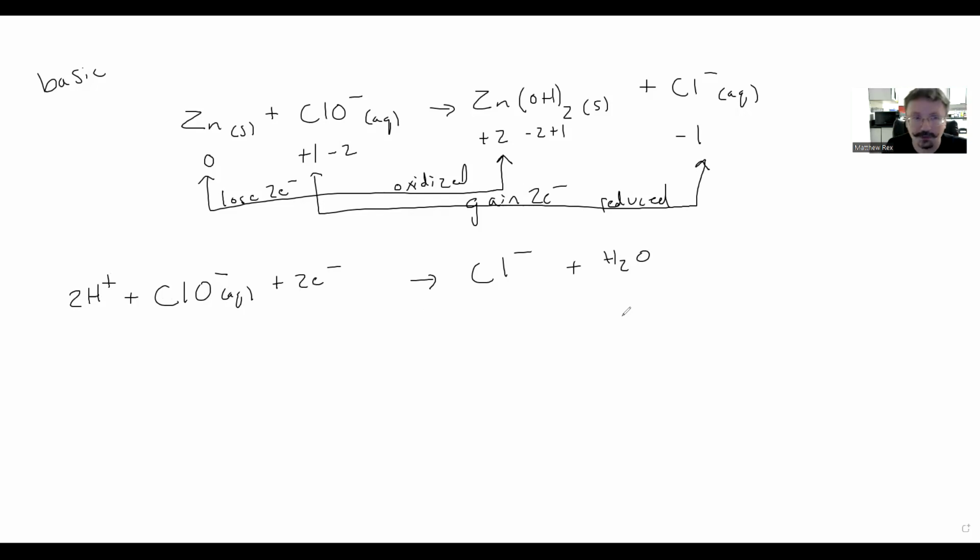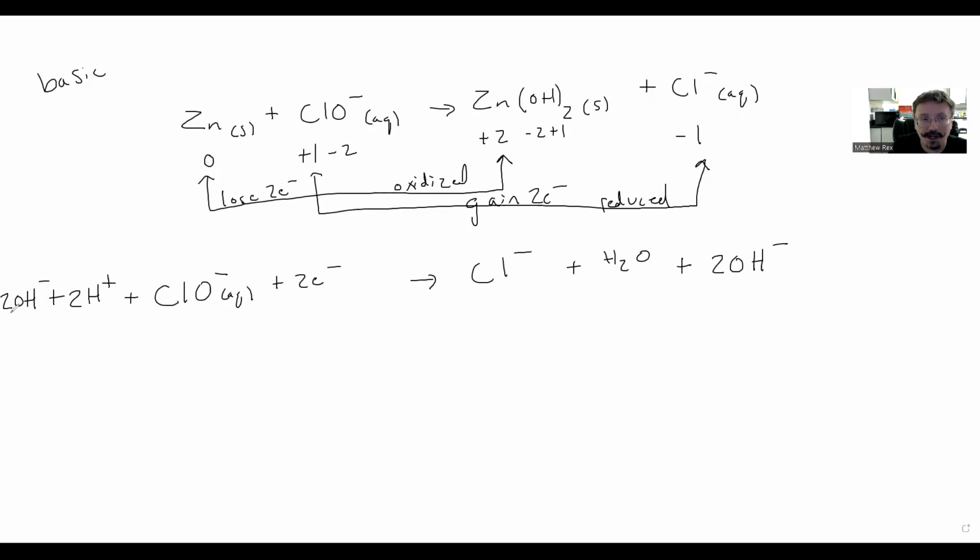In a basic solution, I want to neutralize all the hydrogens with hydroxides. So how many hydrogens do I have? 2. So we're going to add the same number of hydroxides. These 2 hydroxides are going to react with, neutralize, these 2 H pluses. And I can't create or destroy matter, so I have to account for the 2 hydroxides on the left-hand side. I'm going to add the same number on the right-hand side to balance it.